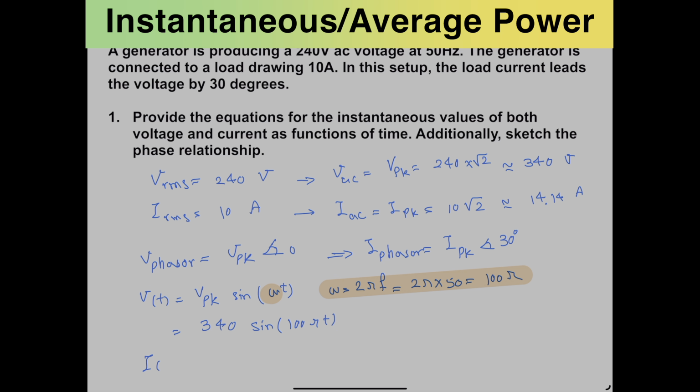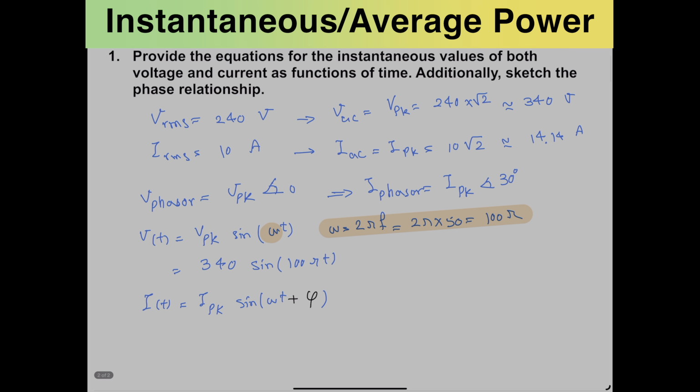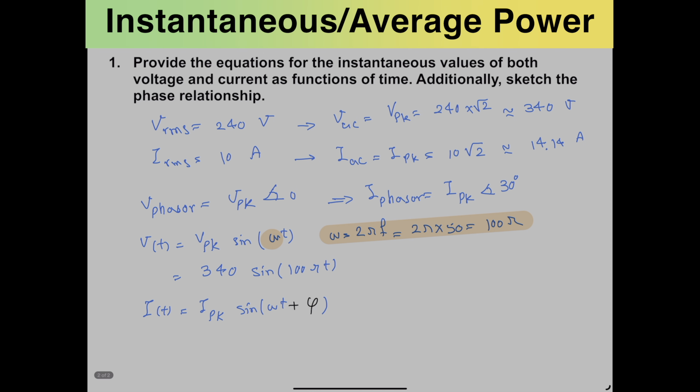Now, if you want to find the instantaneous current, it would be again I peak sine omega t, but this time we are going to add a phase phi to that. We know that phi in this case is going to be 30 degrees because the current leads the voltage by 30 degrees. In radians, 30 degrees is pi over 6.